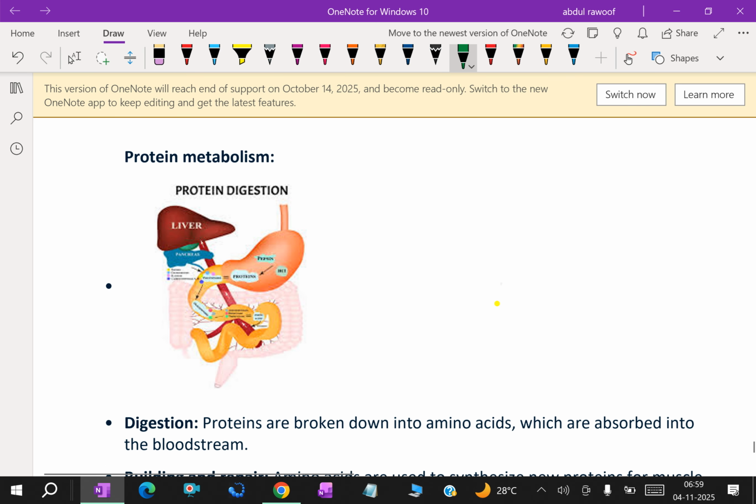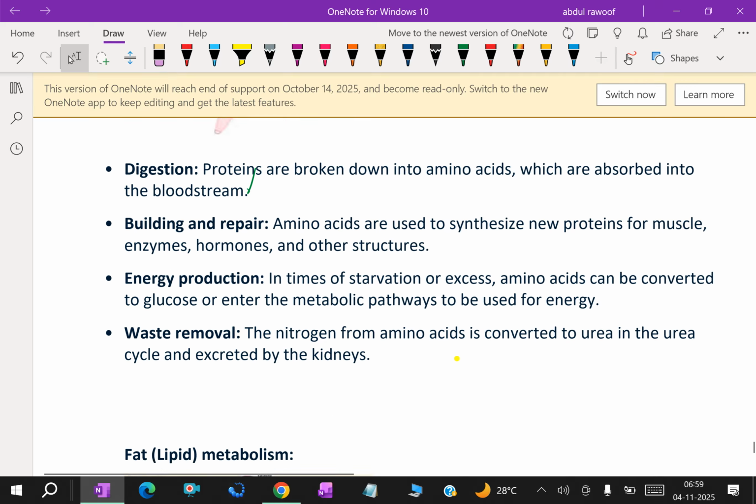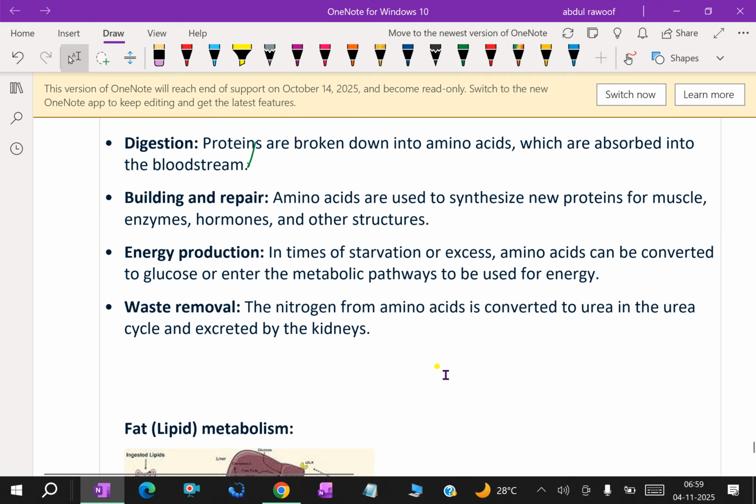Protein metabolism, what is that? Digestion. Proteins are broken down into amino acids, which are absorbed into the bloodstream. Building and repair. Amino acids are used to synthesize new proteins for muscle, enzymes, hormones, and other structures. Energy production.